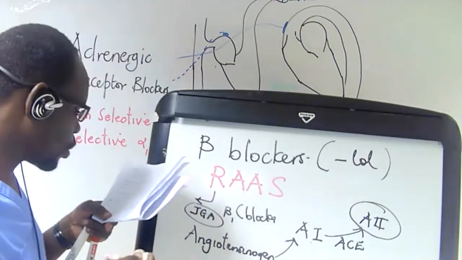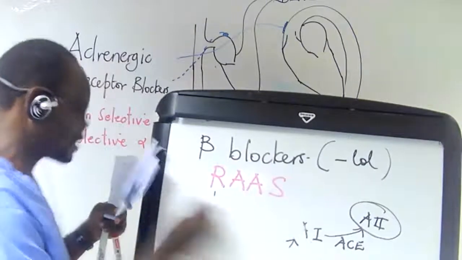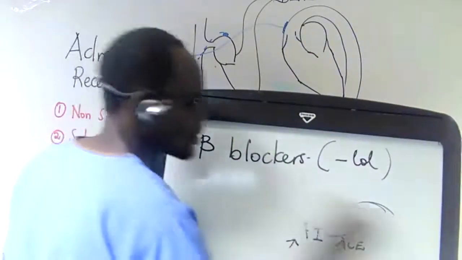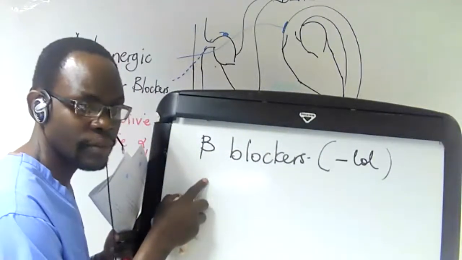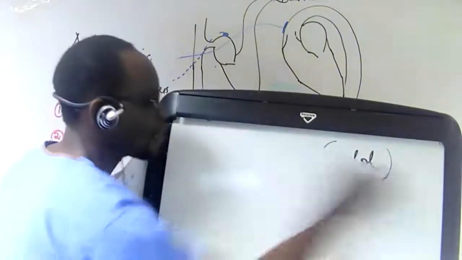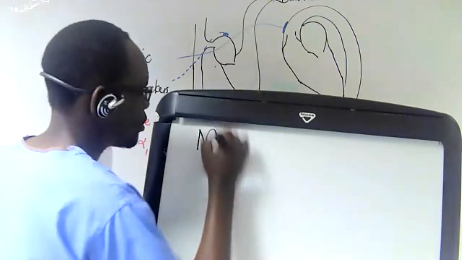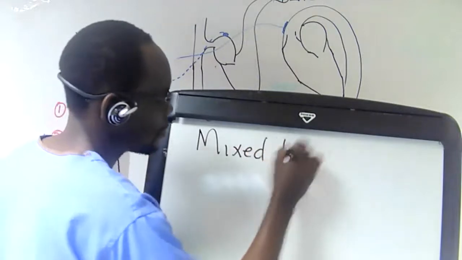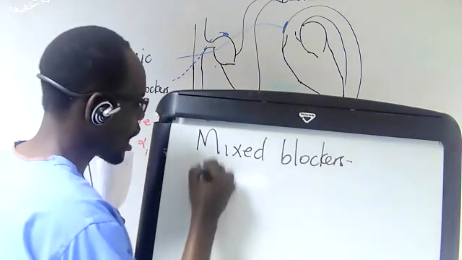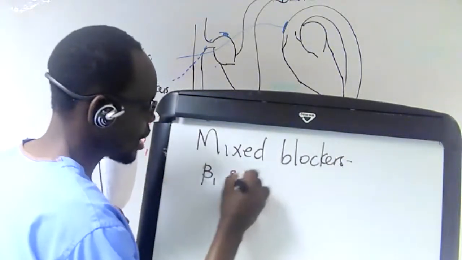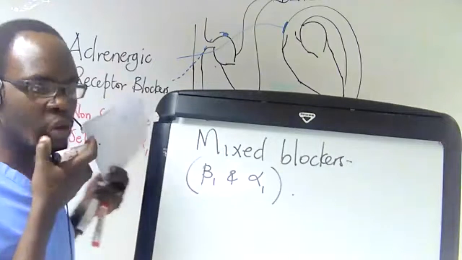Mixed blockers basically block alpha 1 and beta 1. Remember, we talked about selective and non-selective beta blockers, and then we also have mixed blockers. These ones block alpha 1 and beta 1.